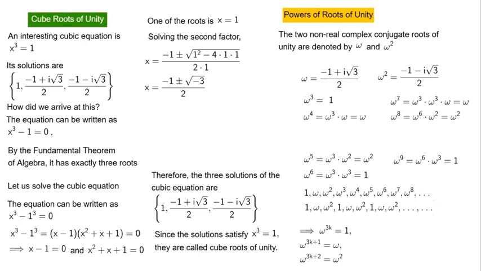Which means in general, we can write omega to the power of 3k is equal to 1, omega to the power of 3k plus 1 is equal to omega, and omega to the power of 3k plus 2 is equal to omega square, where k is in the set of integers greater than or equal to 0.